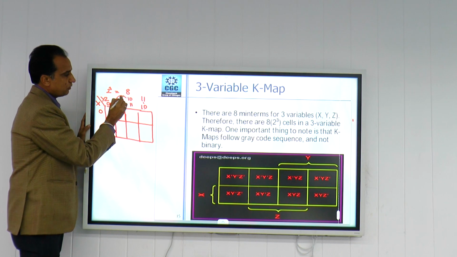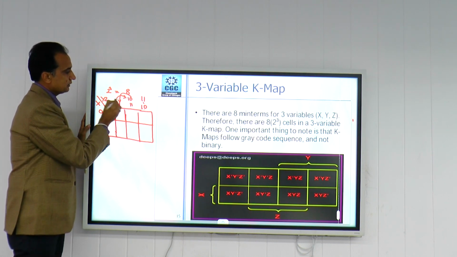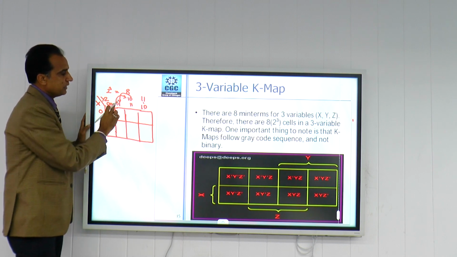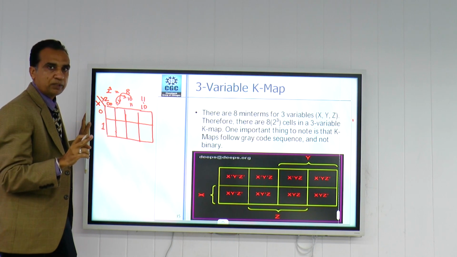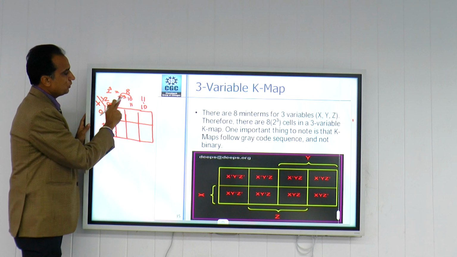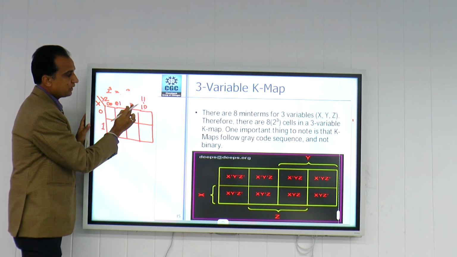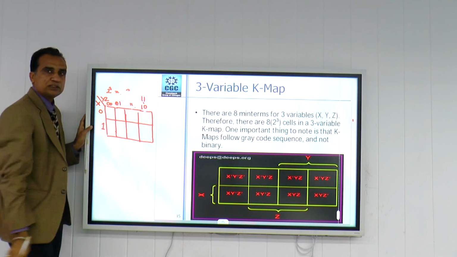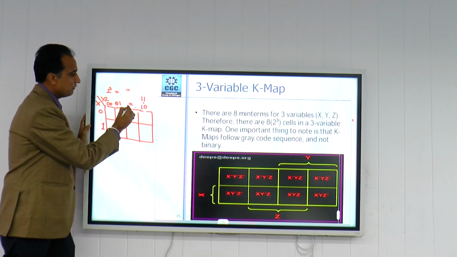This variable changes from 0 to 1 and this variable changes from 1 to 0. That means there is a change of two variables, but according to the condition of the K-map, the change should be of a single variable. So we rewrite the sequence as 0 0, 0 1, and then 1 1. After 1 1 we write 1 0. Now these two values differ by only one variable.